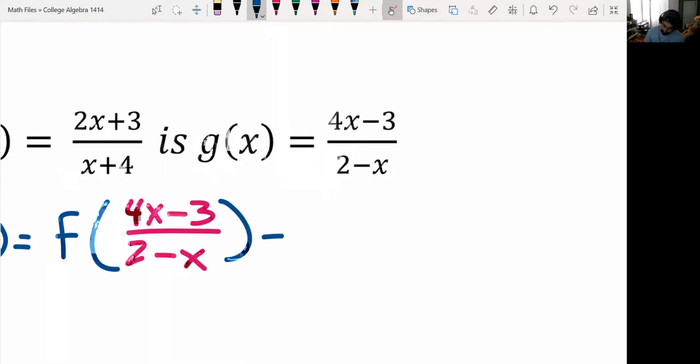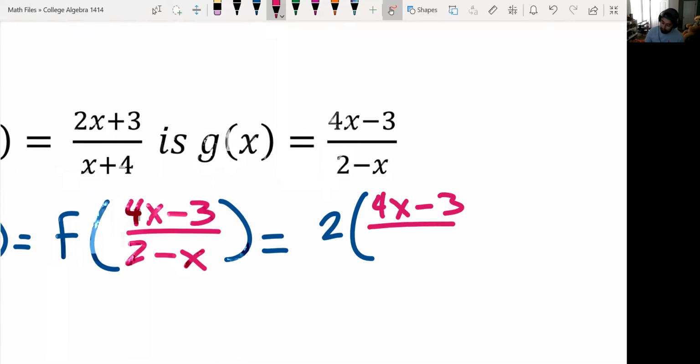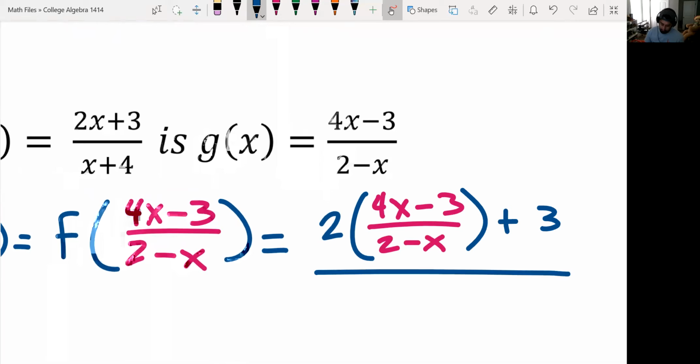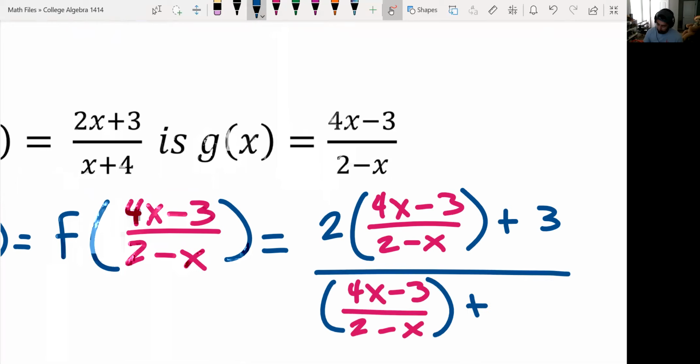So now we're gonna have 2 times 4x minus 3 over 2 minus x plus 3 over 4x minus 3 over 2 minus x plus 4.